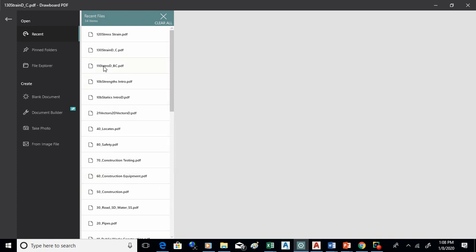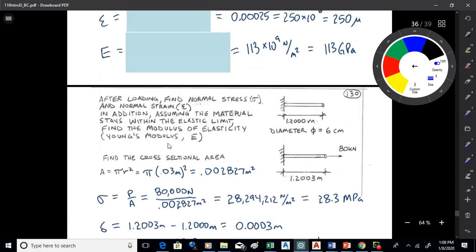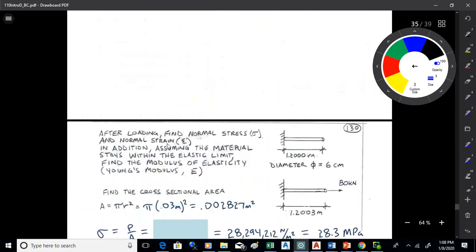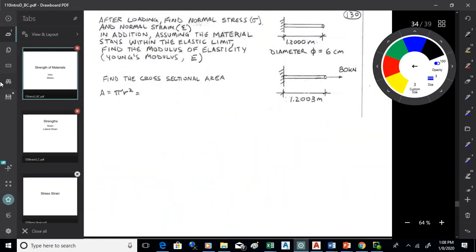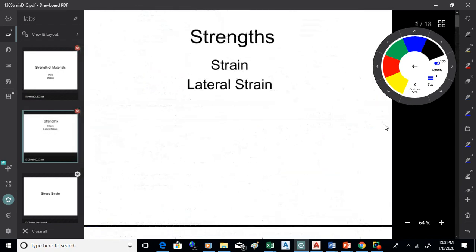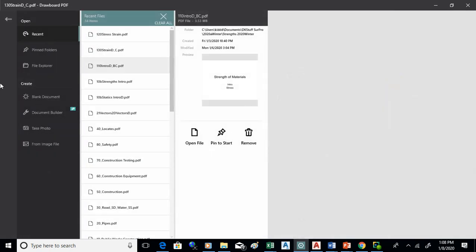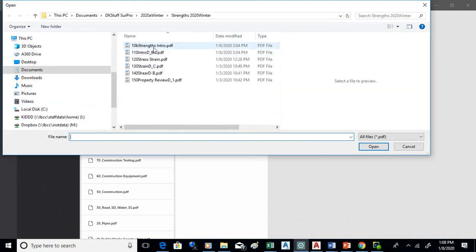Okay. And I'm not sure if this is what I want or not. Maybe not. Let's see. Why don't we just get a quick check on that if I can get there?